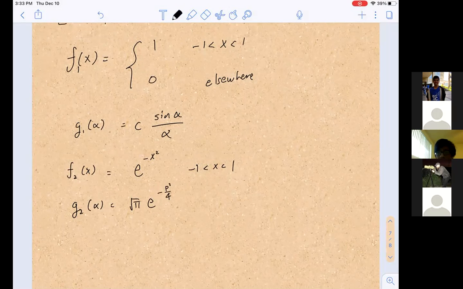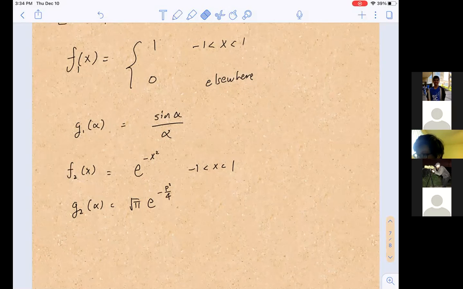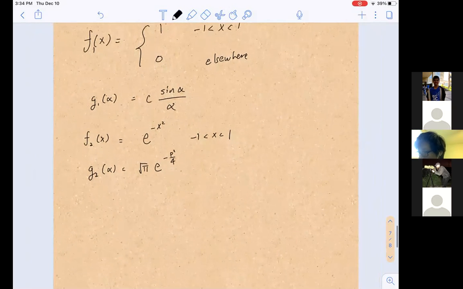This constant is pi. Alpha is not a constant. Alpha is the variable. Okay, so now the question is, what is the Fourier transform of f1 f2?